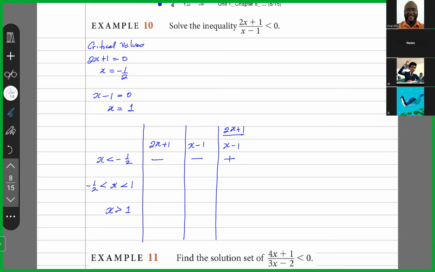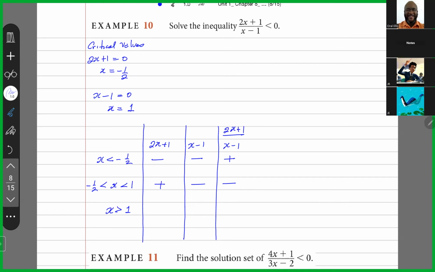Now, if x is between minus a half and 1, for example, if x is 0, 2x + 1 would be positive, and 0 minus 1 would be negative. A positive divided by a negative would make the function negative.